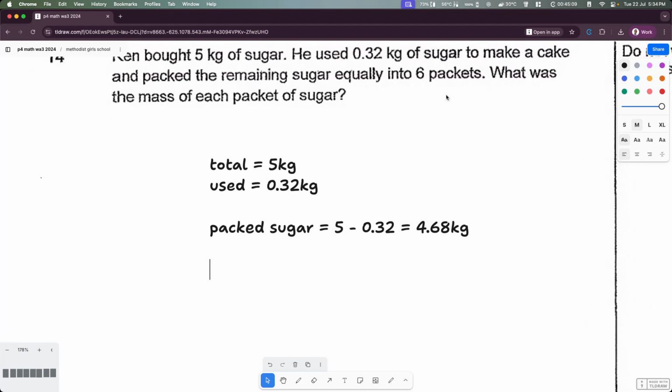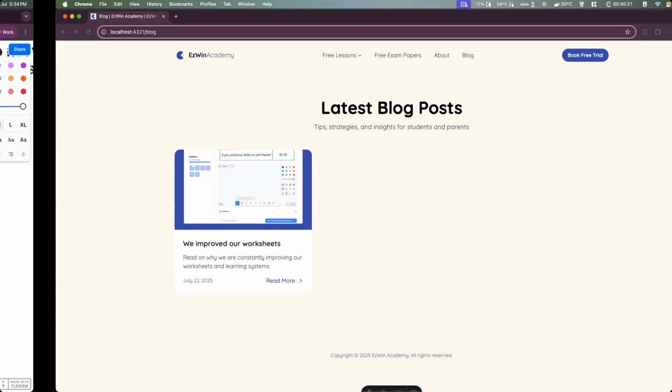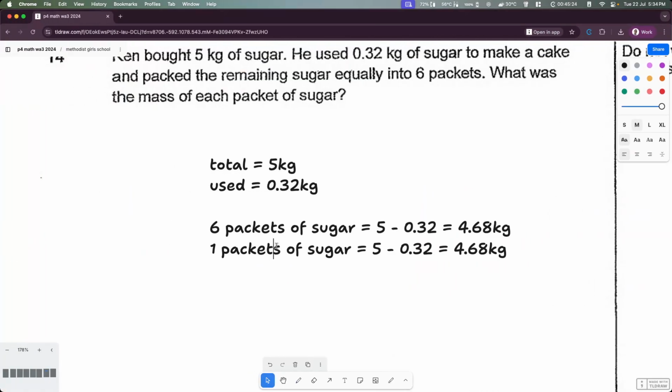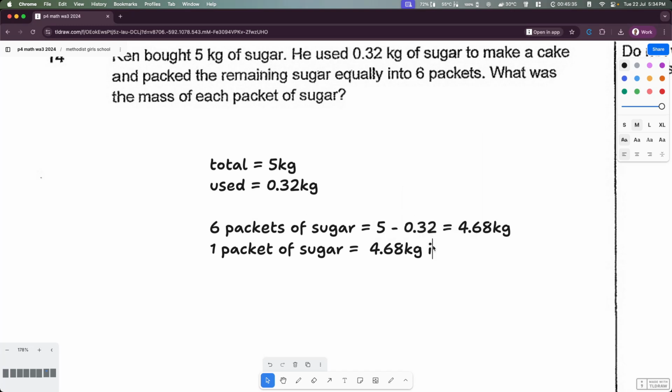So what's the mass of each packet? So I would say 6 packets of sugar is 4.68 kg. Then 1 packet of sugar is equal to 4.68 divided by 6.